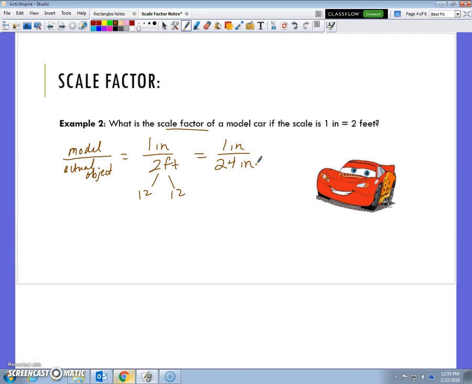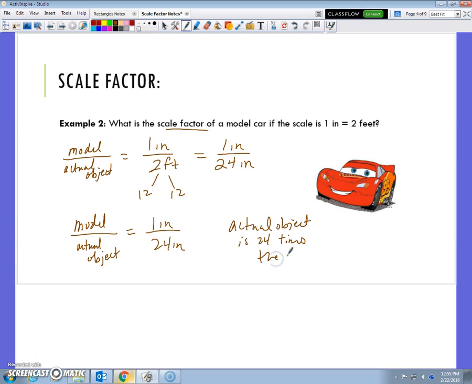Okay, so in this case what it means is for the model compared to the actual object, 1 inch compared to 24 inches, I know that the actual object is 24 times the size of the model.